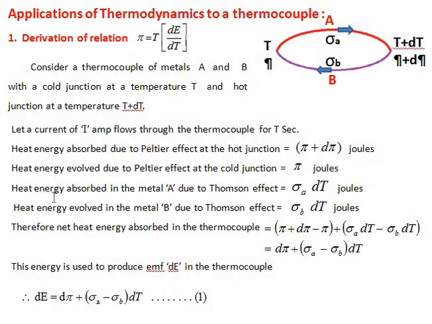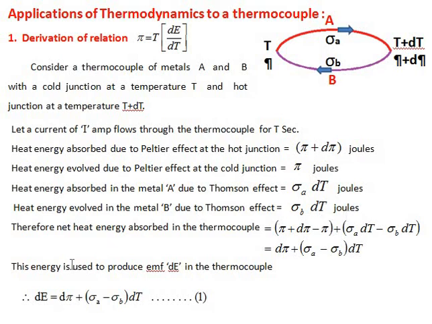Now heat energy absorbed in metal A due to the Thomson effect is sigma A into dT joules. Heat energy evolved in metal B due to the Thomson effect is sigma B into dT joules.